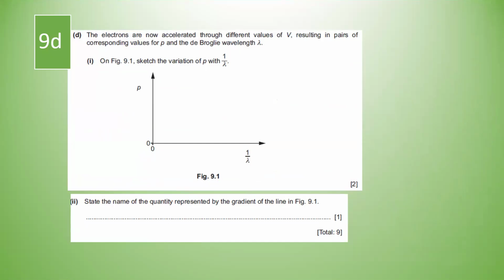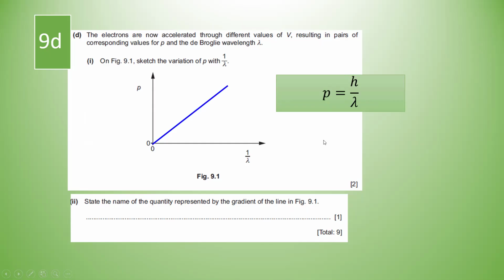Electrons are now accelerated through a potential difference V, resulting in pairs of corresponding values of p and the de Broglie wavelength lambda. So how does the graph look like? Straight line up, so like a constant, a steep gradient. Momentum is a straight line, no? Straight line graph.